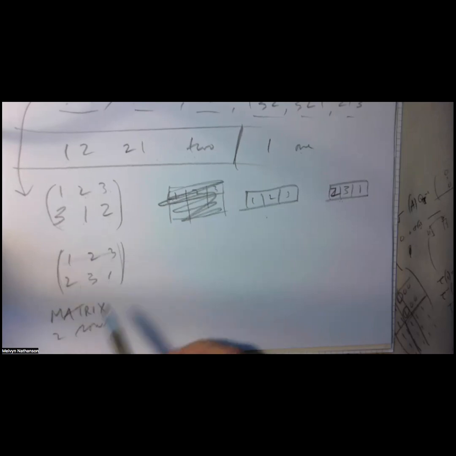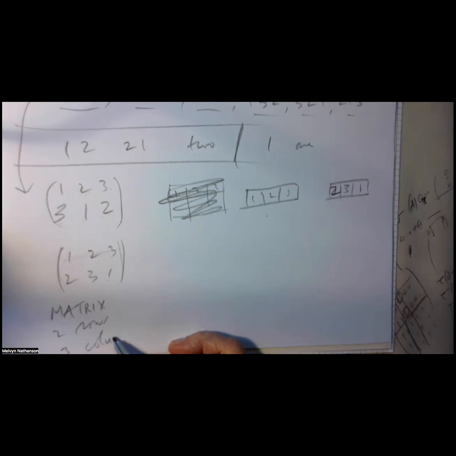A matrix is just a rectangular array of numbers. In this matrix, we have 2 rows and 3 columns. And in the first row, we put the numbers 1, 2, 3 in order. And in the second row, we can put the numbers 1, 2, 3 in any order.